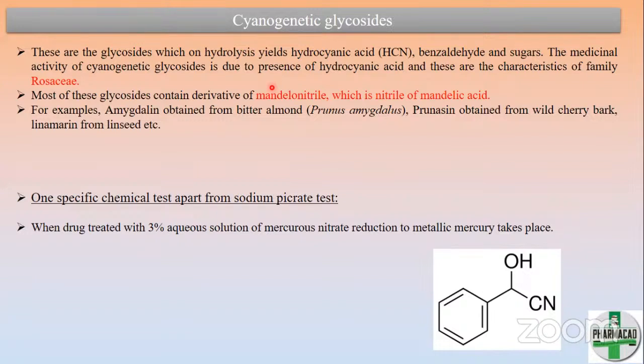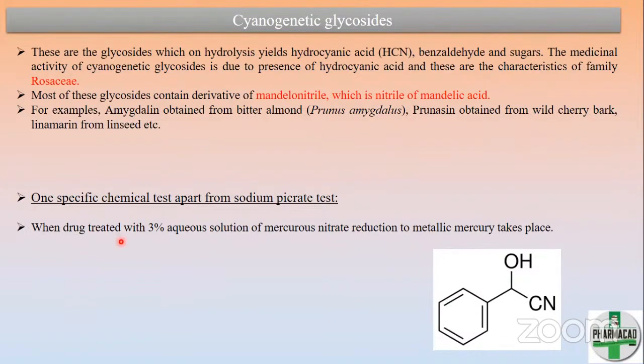For example, amygdalin, which is obtained from bitter almond, that is Prunus amygdalus, prunasin obtained from wild cherry bark, and linamarin from linseed. तो ये सब क्या है? मैंने mandelonitrile मतलब क्या, साइनाइड रिंग, ये जो रिंग है इसको बोलते हैं mandelonitrile। ओके, cyanide containing ring with an attachment of CHO. और ये जो सारे हैं ये उसके examples। Now there is one specific chemical test apart from the sodium picrate test.